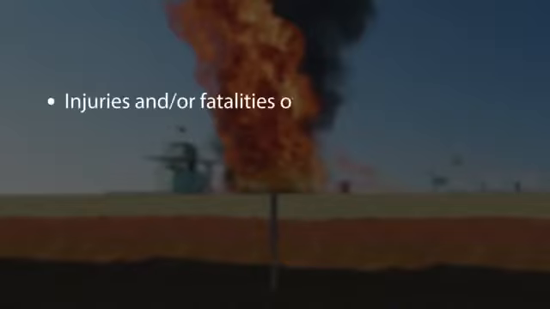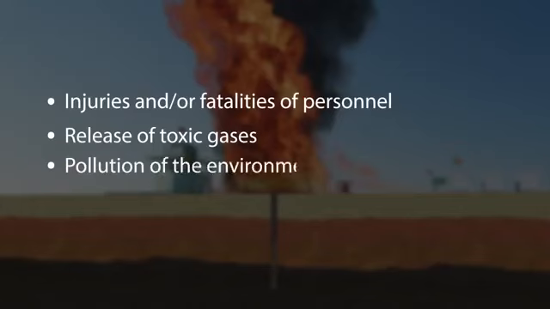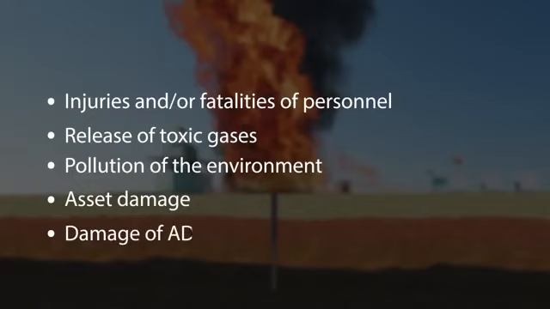A blowout has massive catastrophic consequences, such as injuries and/or fatalities of personnel, release of toxic gases, pollution of the environment, asset damage, and damage of ADCO's image and reputation.